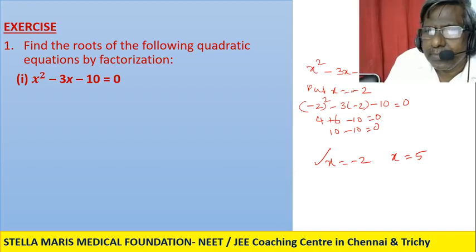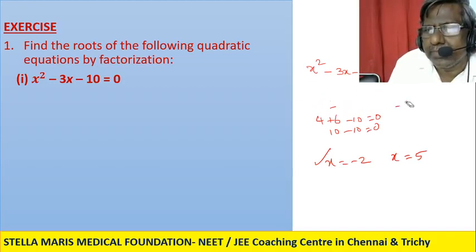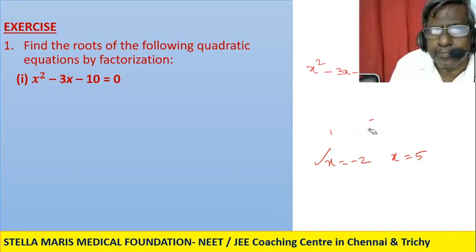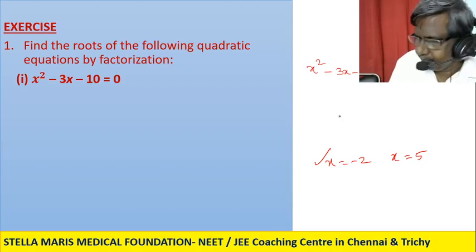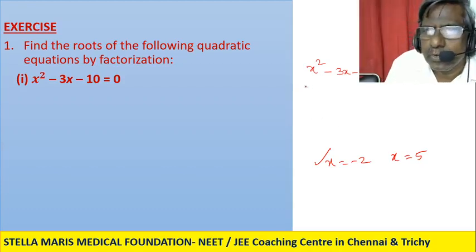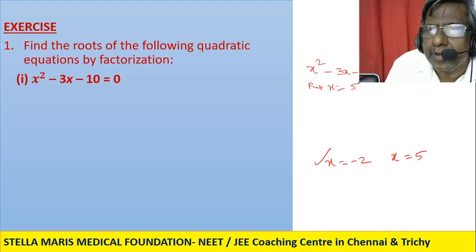Now likewise, we'll put x as 5 and find out whether it satisfies. Put x is equal to 5. So 5 square minus 3 into 5 minus 10 is equal to 0.